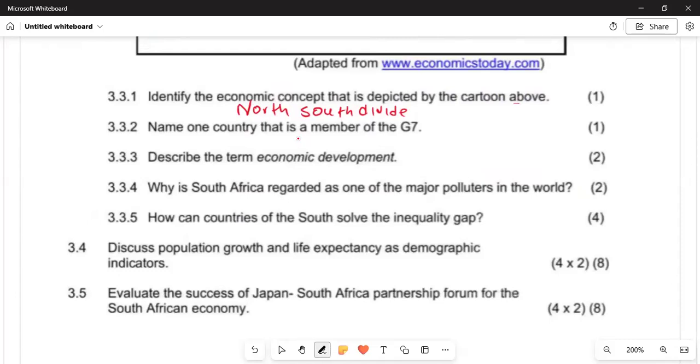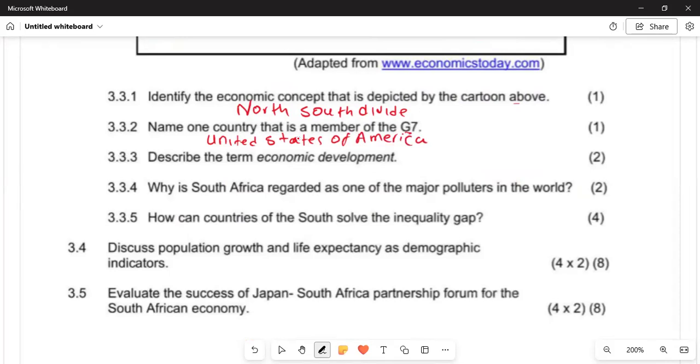Name one country that is a member of G7. So we are just to mention one country, that is United States of America. There are many.